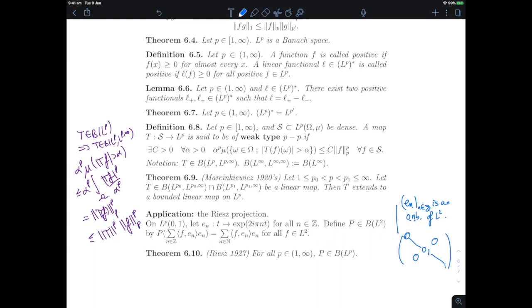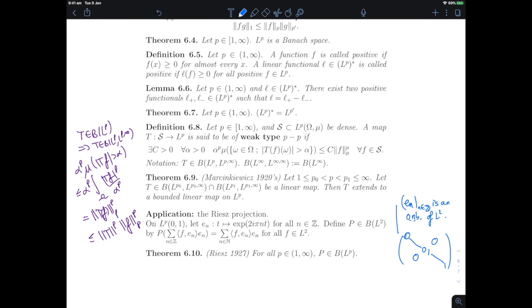Let's put it in a different way. It will tell you when you have a mapping that maps, say, the data of a PDE problem to a solution of a PDE problem and preserves the L^p norm of the data when you pass to the solution. So a lot of questions in PDE about which norms are preserved under solving a problem boil down to questions in harmonic analysis about which maps are bounded in L^p.